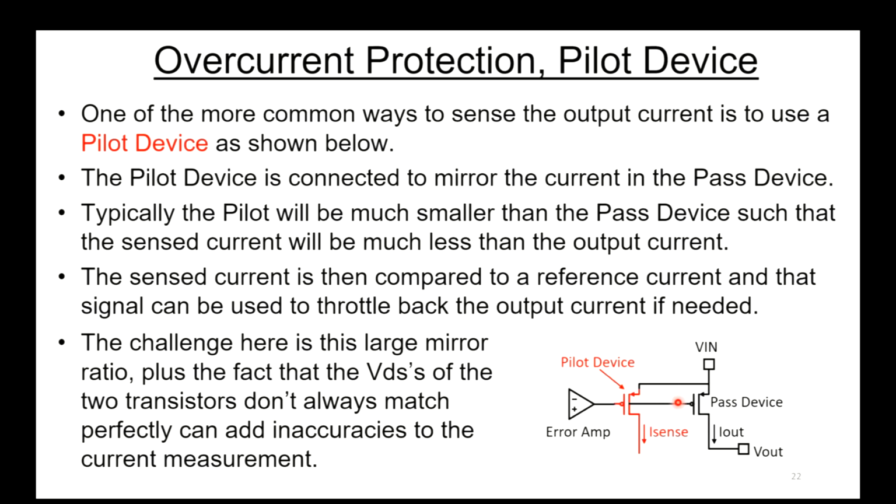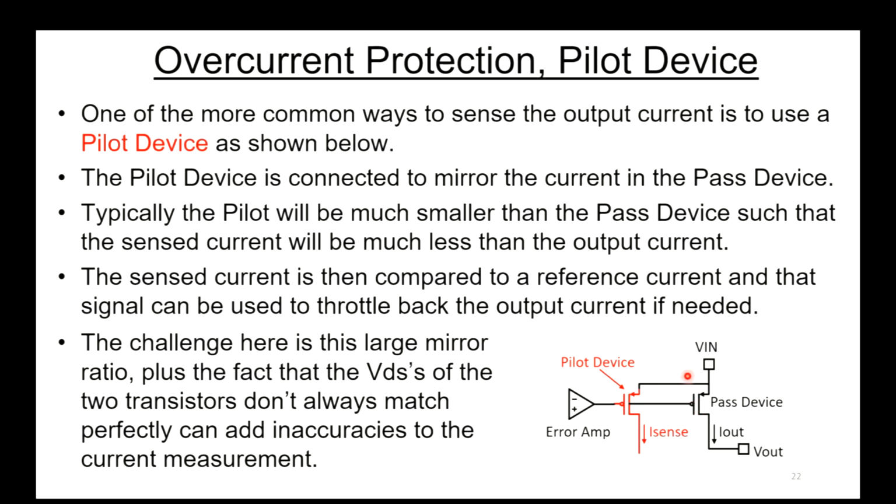So the current in the pilot device is way lower than the output current, but it's a representation of the output current. So this sensed current can then be compared against a reference current. And that signal can now be used to throttle back the output current if you determine that the output current has exceeded the overcurrent limit.